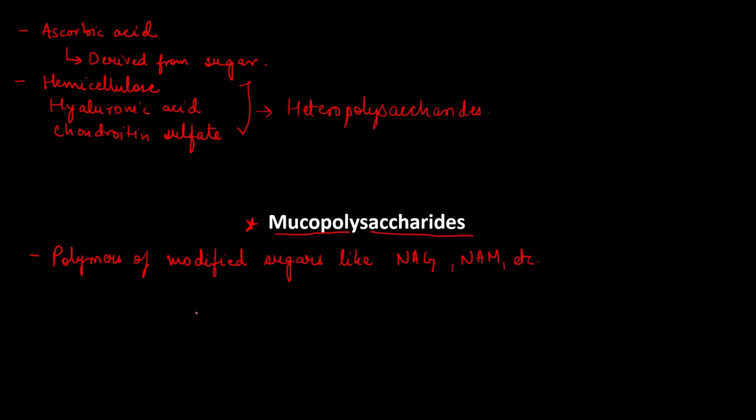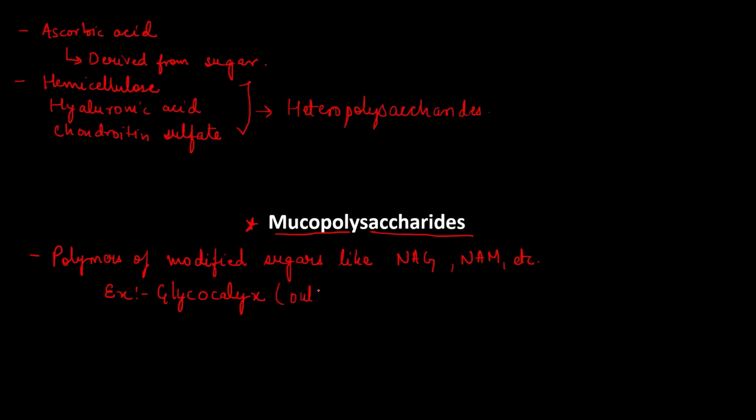And if we talk about examples of mucopolysaccharides, the first example is glycocalyx. Where is the glycocalyx present? It is the outermost layer of the bacterial cell wall, right?